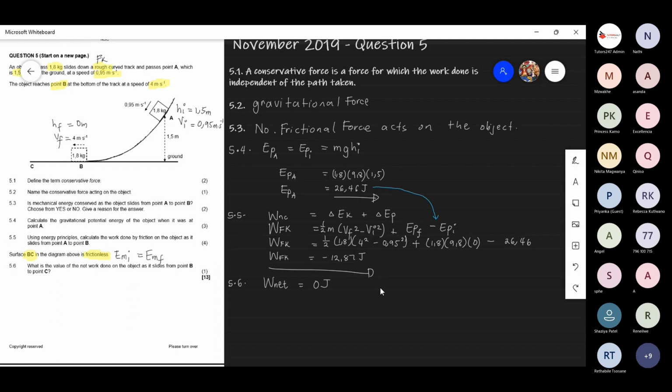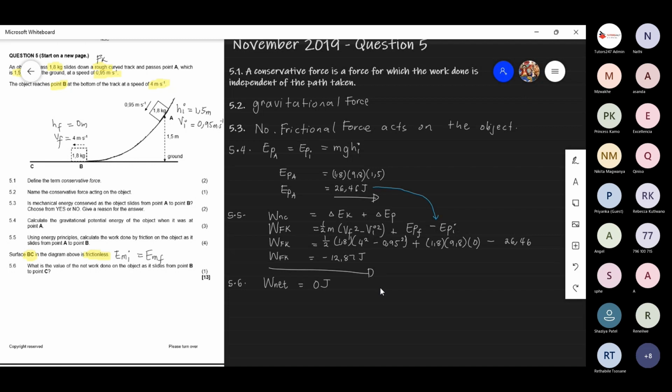If you want to use the method that we've used today, whereby we calculated using work done by non-conservative forces, you can only calculate the work done by non-conservative forces in this method. You do not include work done by conservative forces. We know that gravity is a conservative force, therefore we will exclude work done by gravity.